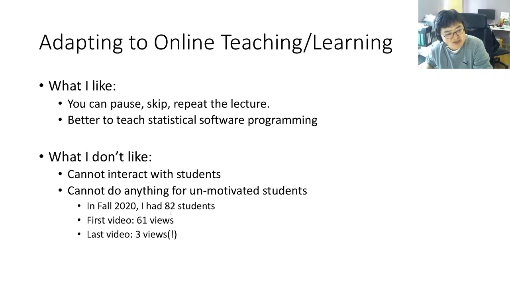But what's surprising is the last video had only 3 views. Even if I lowered my expectation, 3 was quite surprising to me. Then how did the other 79 students take the exam and do the homework? They already know the materials, so it was surprising, but I cannot do anything.